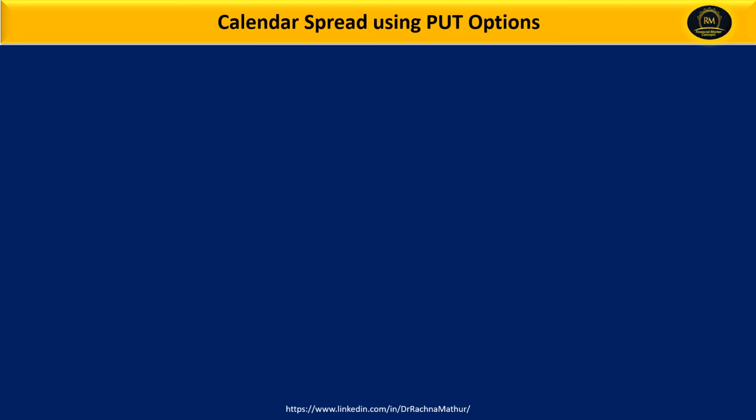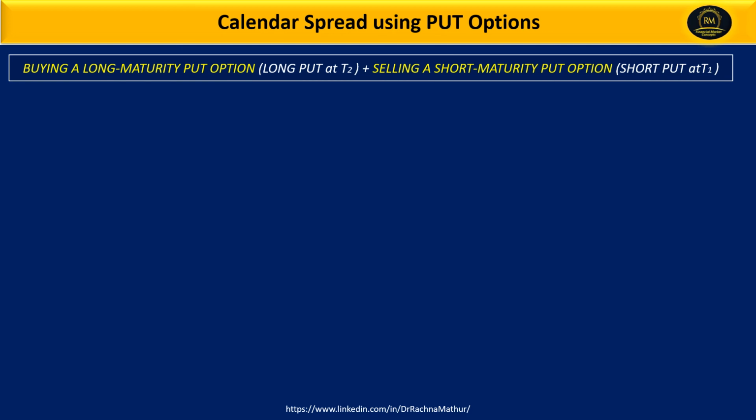For this, we create a strategy of buying a long maturity put option, long put, along with selling a short maturity put option, short put, with the same underlying asset and the same strike price K for both, but at different expiration dates. That is, the long put at T2 has a longer maturity and the short put at T1 has a shorter maturity.